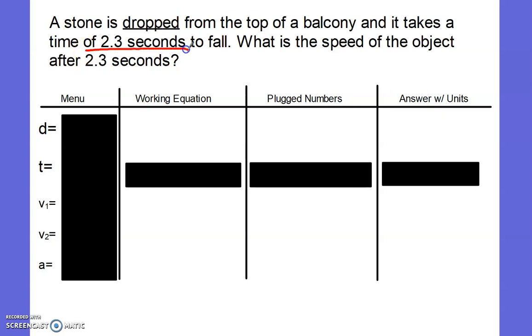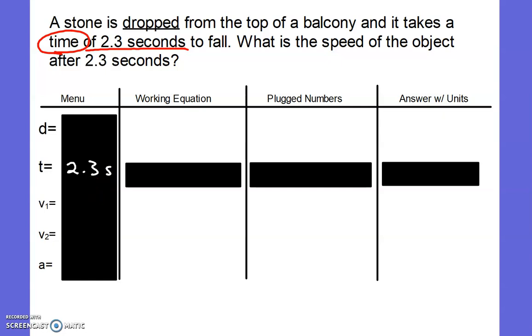Clearly, this 2.3 seconds represents either a d, a t, a v, or an a. It says a time of 2.3 seconds, so in this one, we know that that is the time. It is 2.3 seconds.